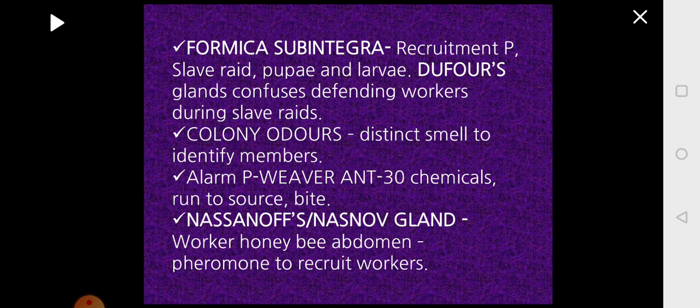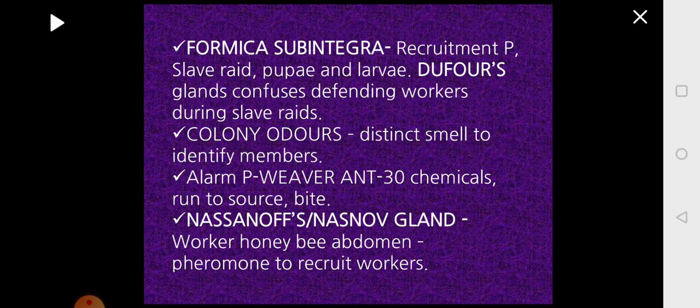So now in Formica subintegra, they also secrete the recruit pheromone for the purpose of slave raid. They have got a gland called as Dufour's gland. The pheromone secreted by the Dufour's gland will confuse the workers which are trying to protect the colony, and when they are confused they will carry away the larvae and the pupae.